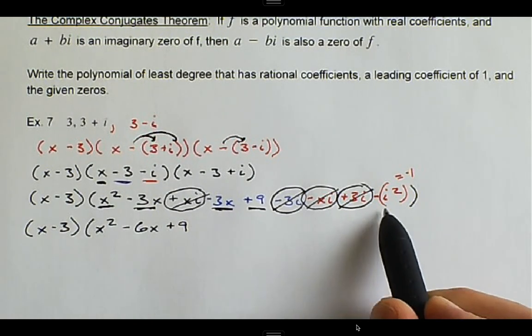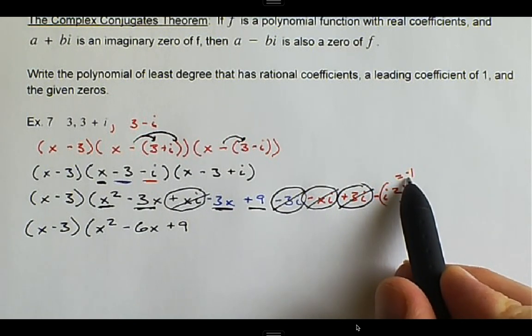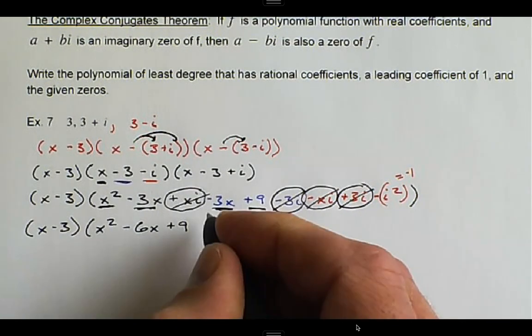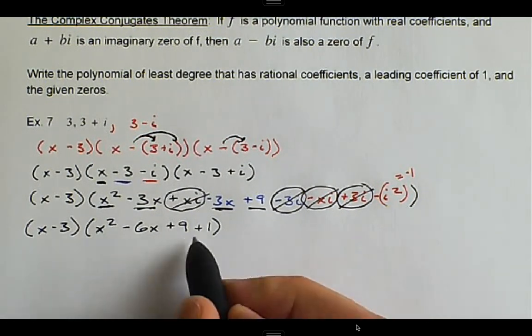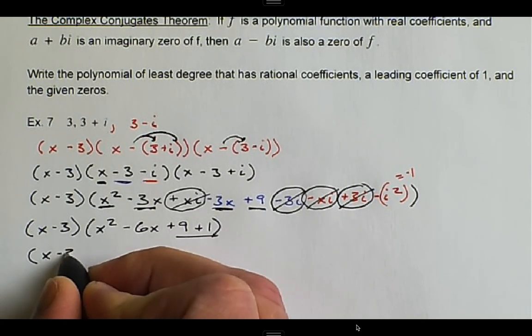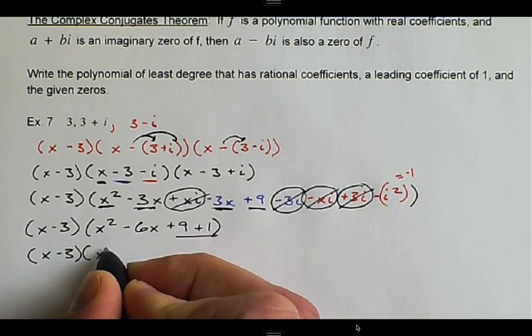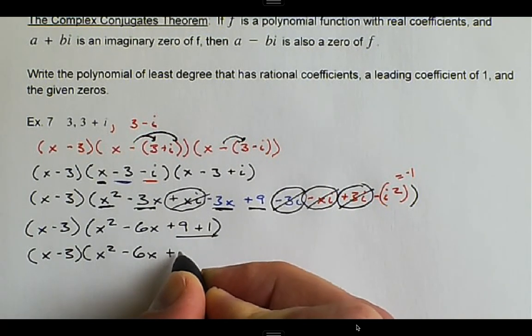And then the negative i squared becomes negative of negative 1, which becomes plus 1. And so we can combine like terms one last time here, and we get x minus 3 times x squared minus 6x plus 10.